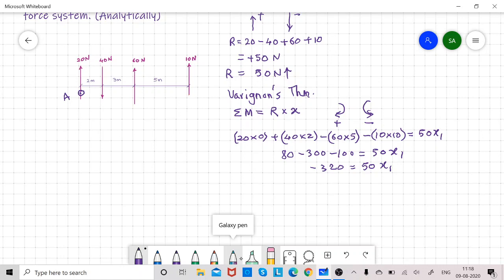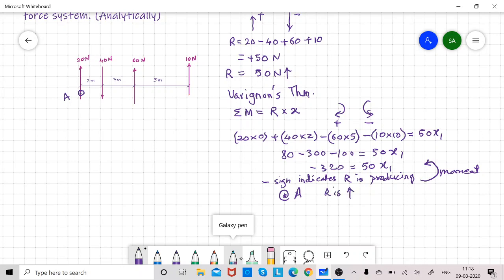The minus sign indicates R is producing anti-clockwise moment about A, and R is upward.